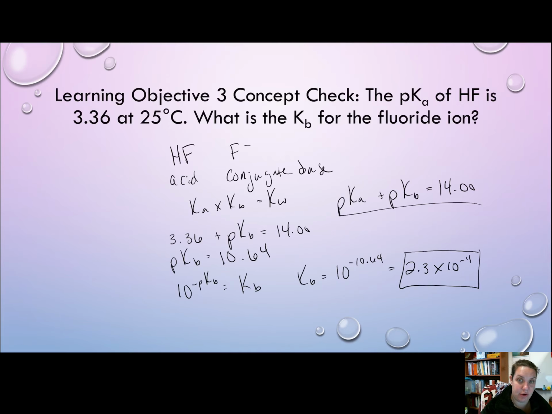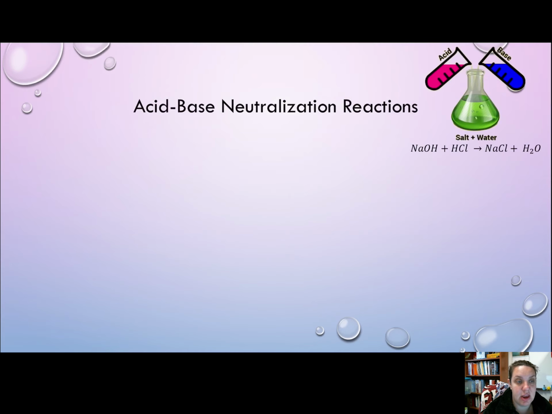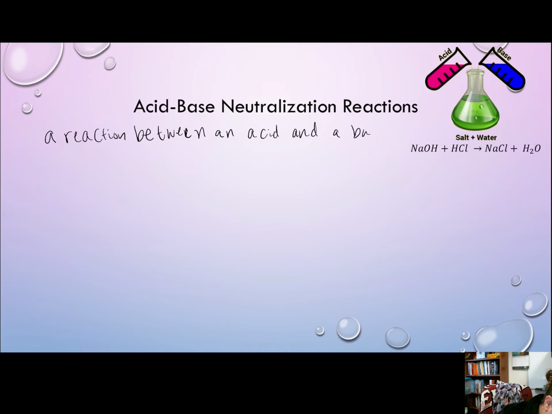Okay, let's look at our acid-base neutralization reactions to bring in the idea of the acid-base properties of salts. Just as a reminder, an acid-base neutralization reaction is a reaction between an acid and a base that produces an ionic compound, or produces a salt.